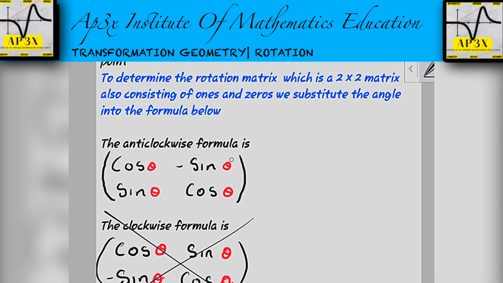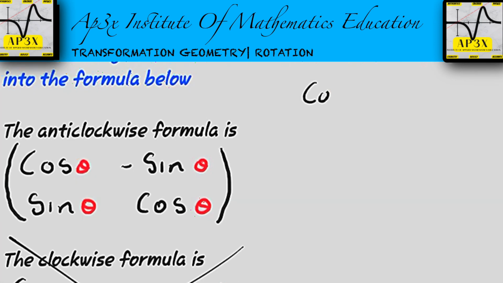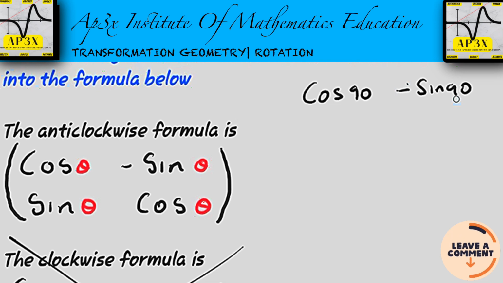Obviously, theta represents the angle. So if we want the rotation matrix for 90 degrees counterclockwise, we're going to implement 90 inside the formula here. So we're going to say cosine 90, minus sine 90, sine 90, and cosine 90.